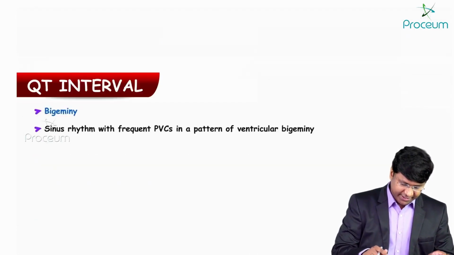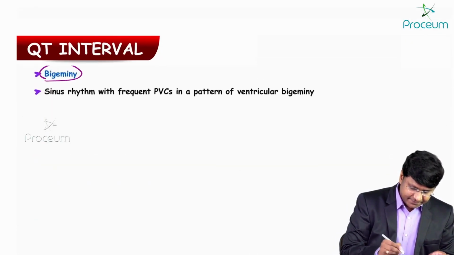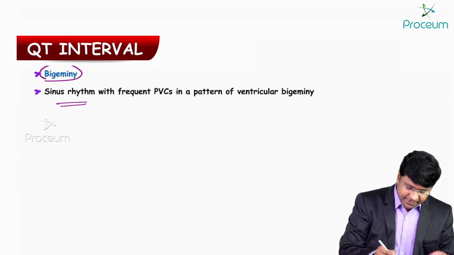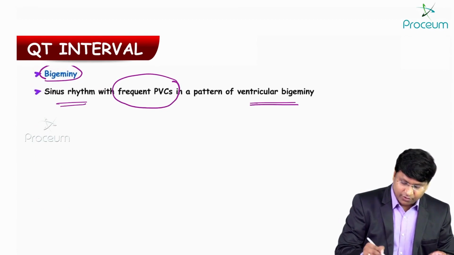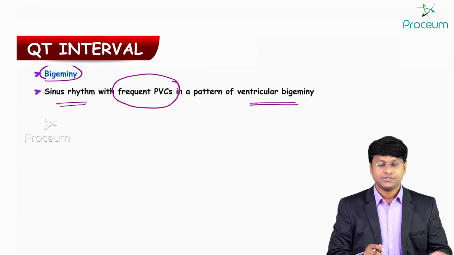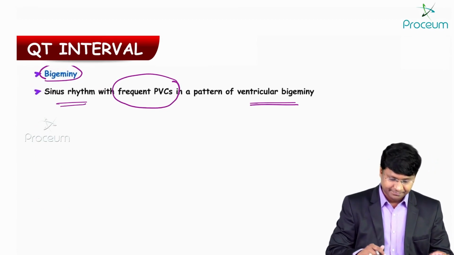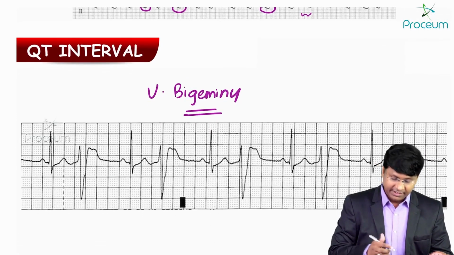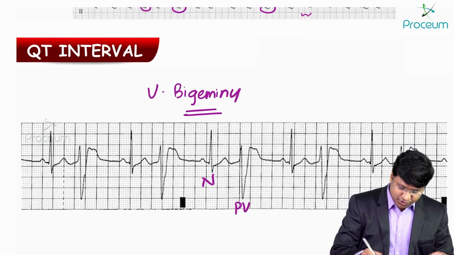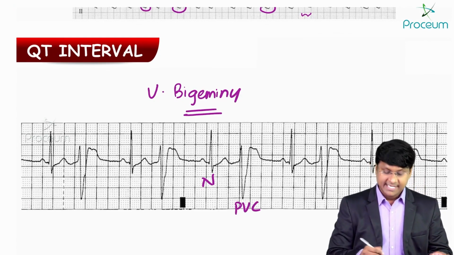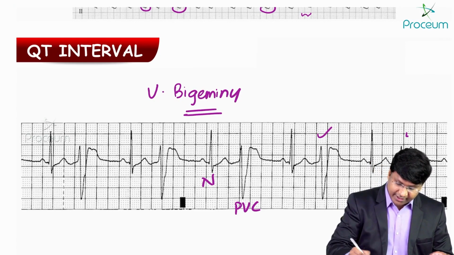Bigeminy is a sinus rhythm with frequent premature ventricular contractions in a pattern of ventricular bigeminy. So you see that particular ECG strip. This is a normal complex and this is your premature ventricular contraction.